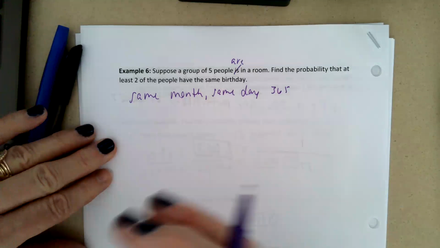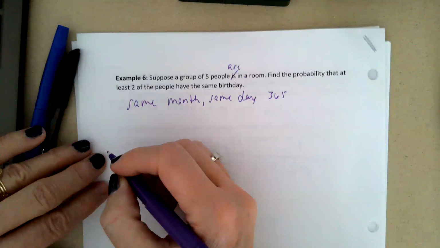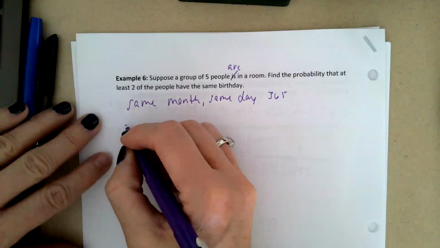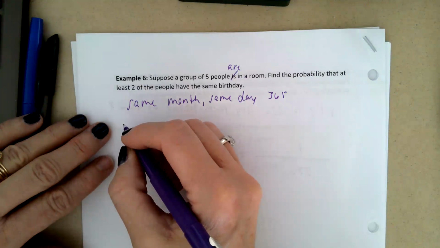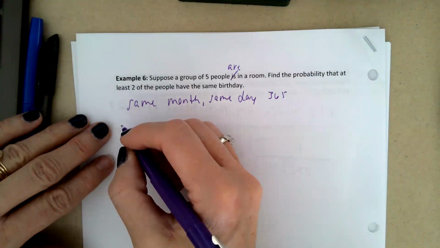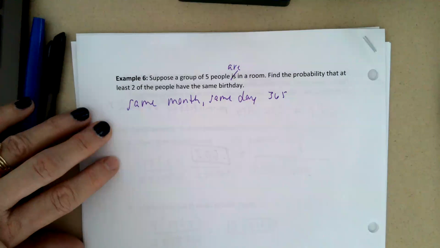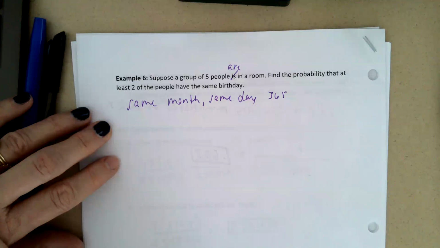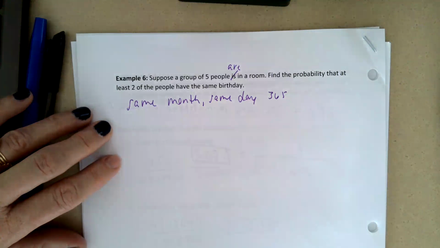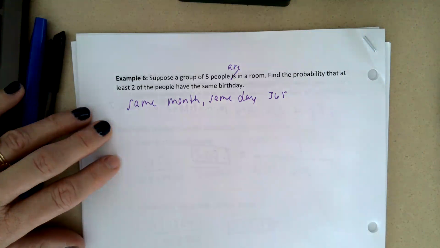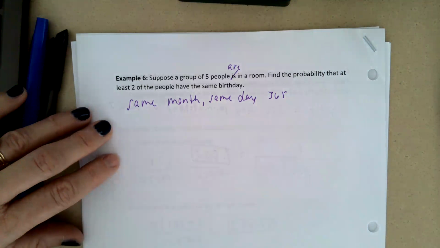So choosing 5 people, and the order has to be important. So they have to have the same birthday.